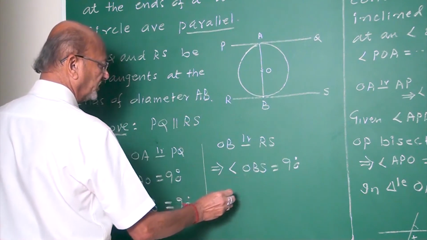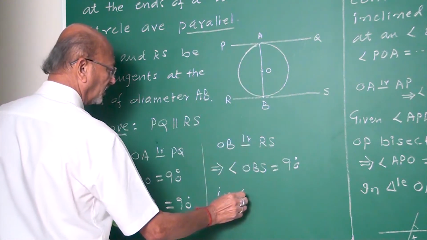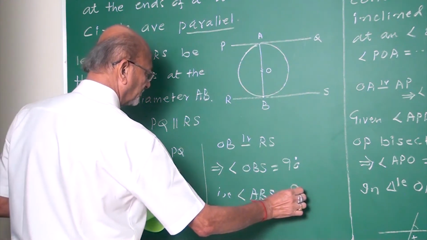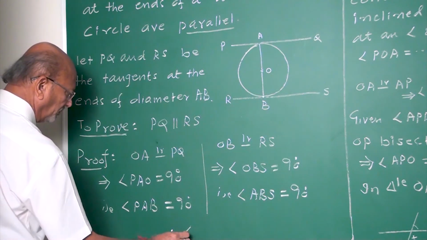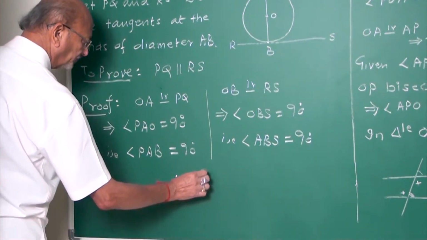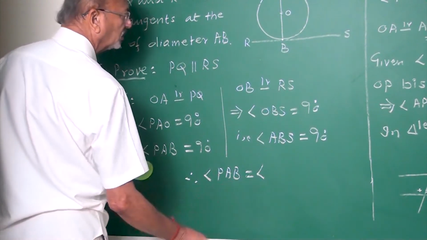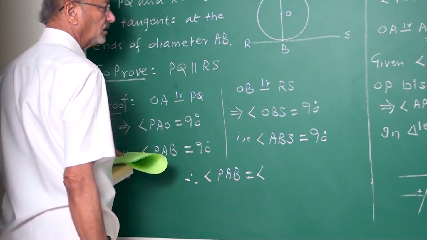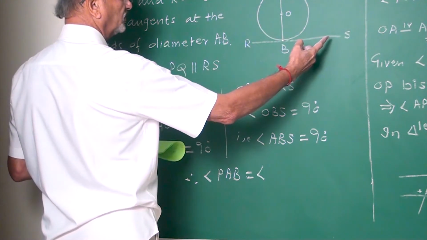Instead of OBS, I take it as angle ABS. ABS is 90 degrees. Therefore, my friends, you can combine both. Angle PAB equals angle ABS.